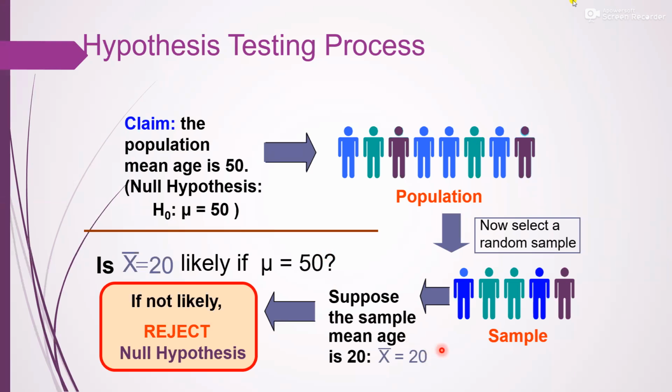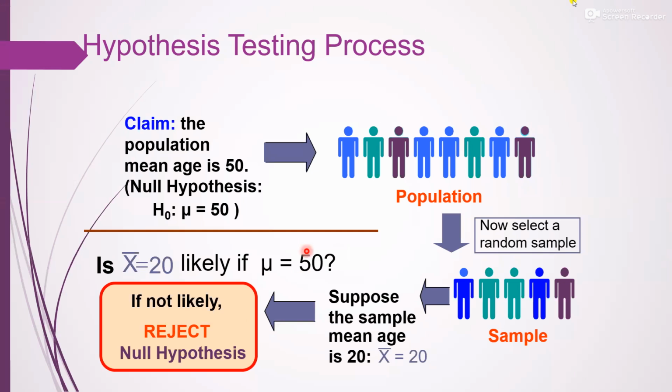But just by comparing these values, we can't say whether it's likely or not likely. So based on this, we have to decide whether mu equal to 50 is likely or not likely. Is x bar equal to 20 likely if mu is equal to 50?